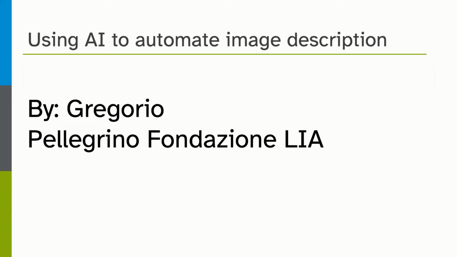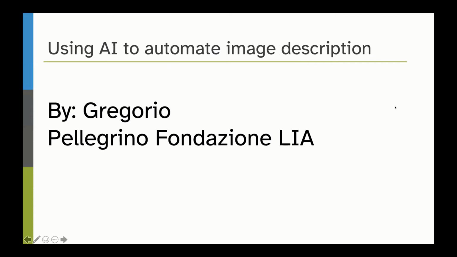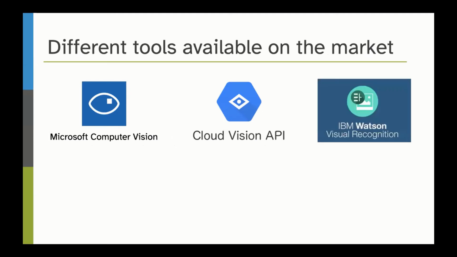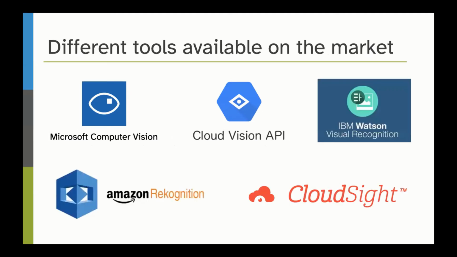Thank you, Charles. Hi there. I will try to tell you something about our experience on how to use artificial intelligence to automate image description. Last year, as Fondazione LIA, we carried out a pilot project in partnership with the University of Siena that was developed by the student Tommaso Dringoli.